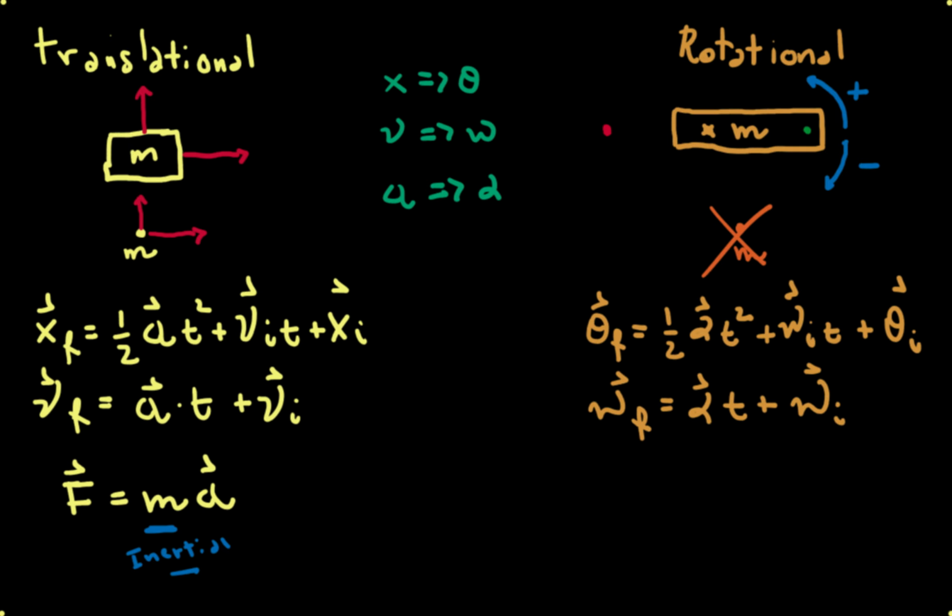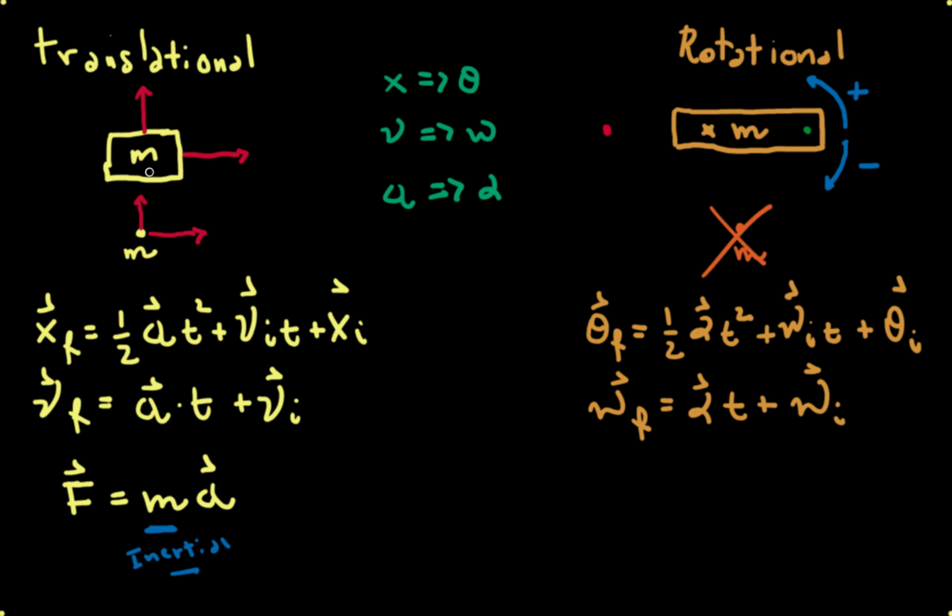The answer is yes, meaning that if you have a state of translational motion, you apply a force to change it. Now, if you have a state of rotational motion, you must now apply a new quantity to change its rotational motion state. First thing we need to do here is introduce a concept of rotational inertia, right?